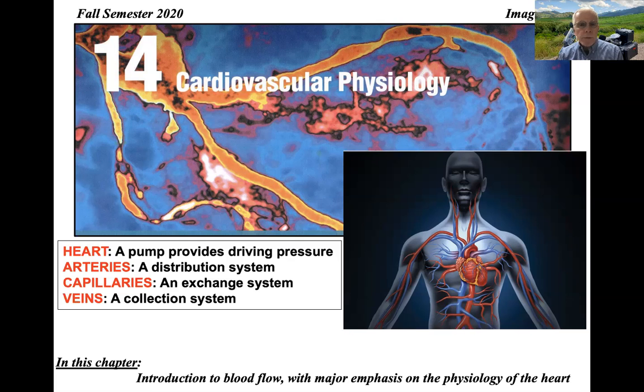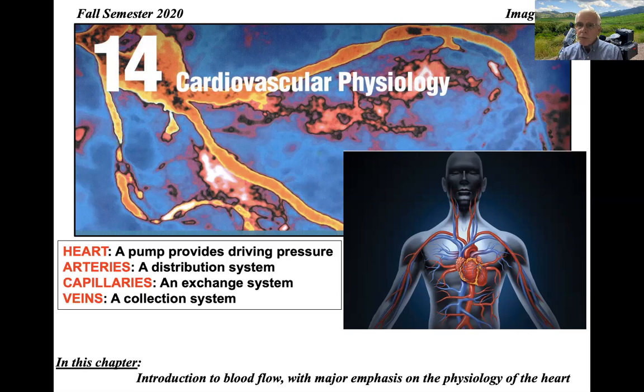Kind of as a way to introduce this, the heart is a pump. It provides the driving pressure. That's an important statement because I'll talk about mean arterial pressure shortly. And we'll refer to that as the driving force moving the blood through the system of tubes, arteries and veins. The arteries distribute the blood from the heart to the various organs and tissues.